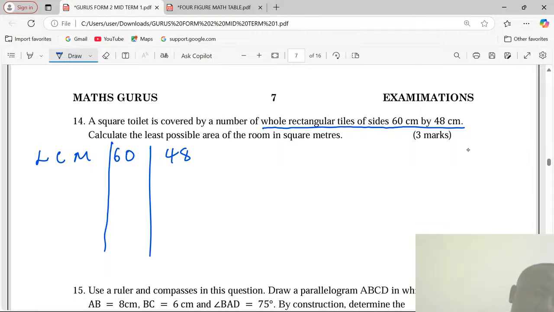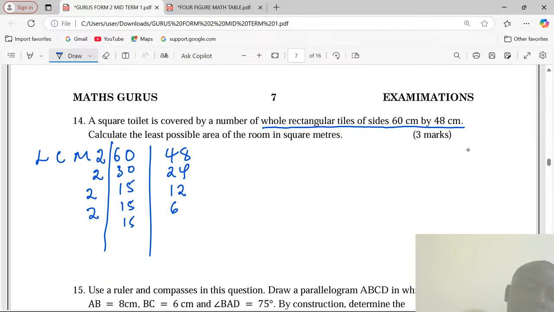The first prime factor is 2: 30, 24. 2 again: 15, 12. 2 again: 15, 6. 2 again: 15, 3. So that now we proceed to 3, so that this becomes 5 and 1, then 5, 1, 1.